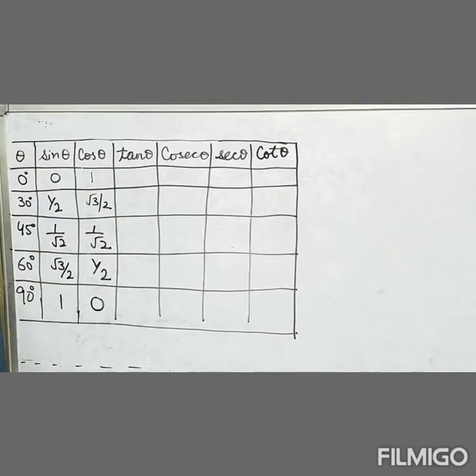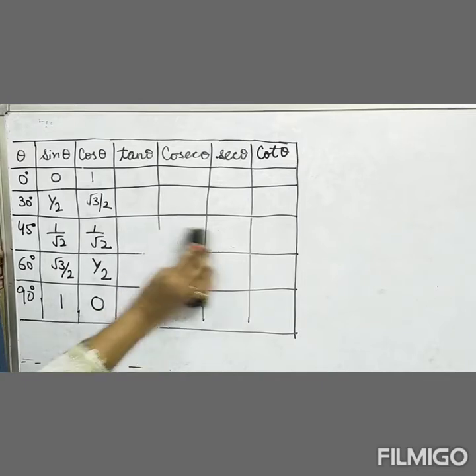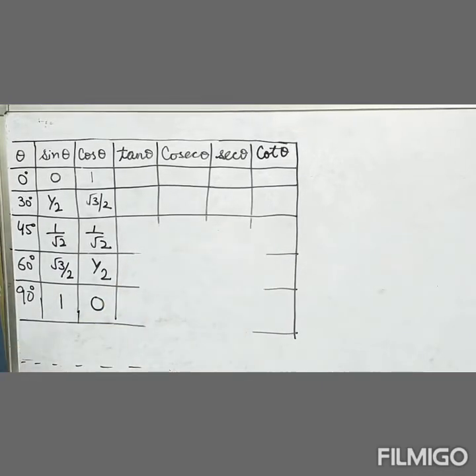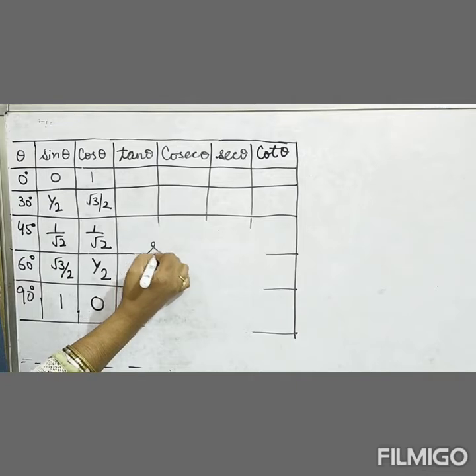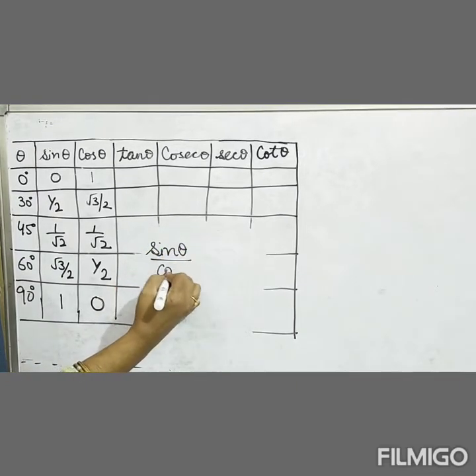Now what about tan theta? From where do we get tan theta? Before writing the values here, I want to tell you something about tan theta. Okay, I have to rub this first to make that clear to you. If I divide sin theta by cos theta, what do we get?